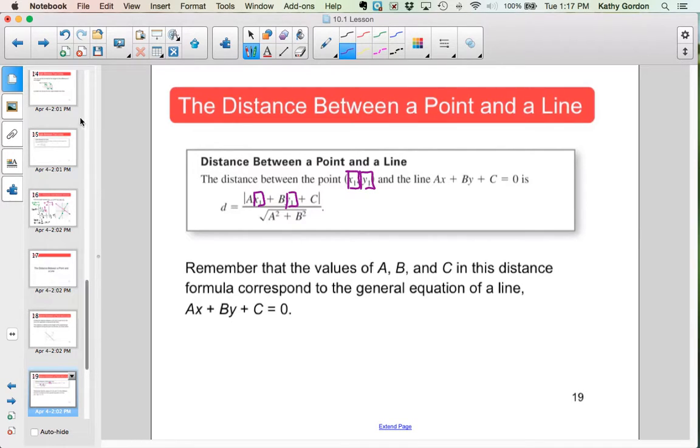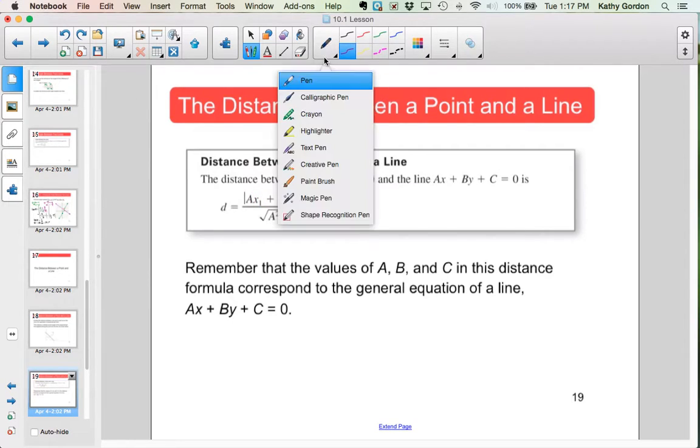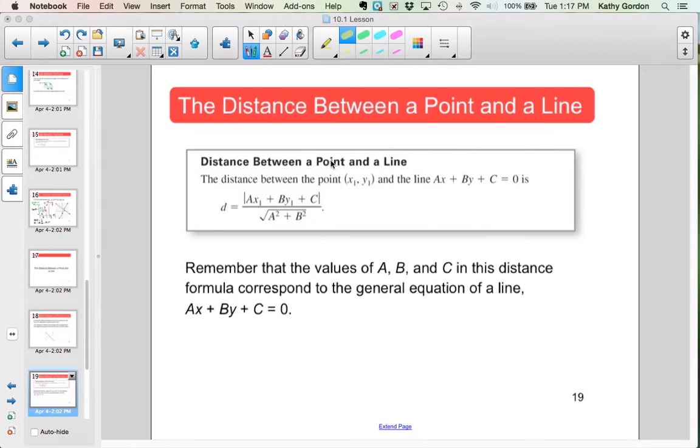Let me get it this way. Maybe this will be nicer. All right, so x1 right there. y1 right there. Okay?